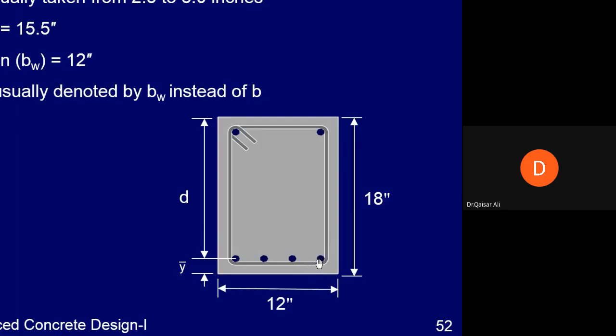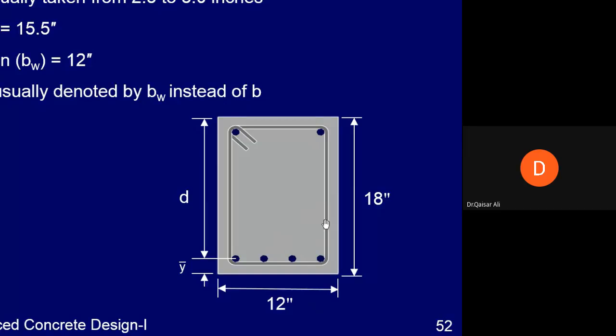And then let's say this bar can be assumed. Generally, what bar diameters do we use in our beam design? Mostly number 6 bar is used in beams. But we can also use number 4, 5, 6, 7, or 8 bars.